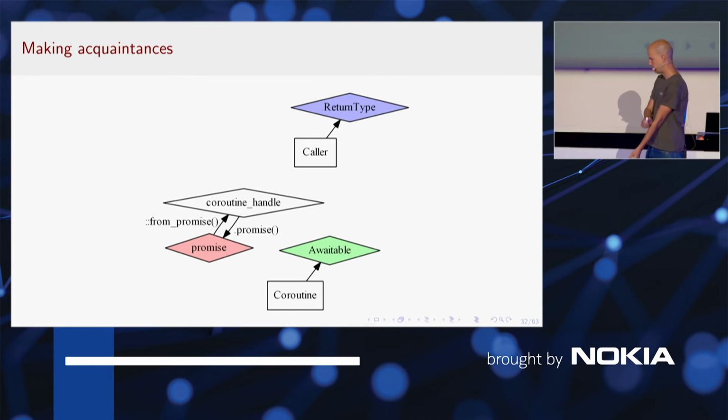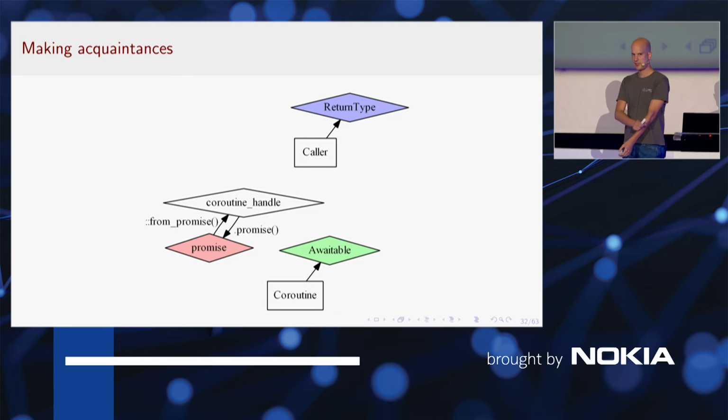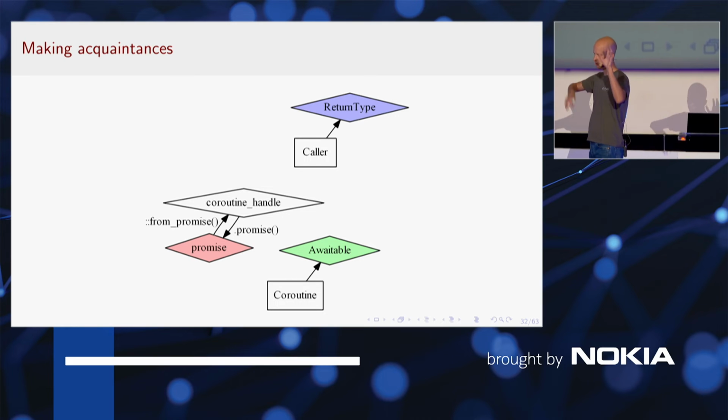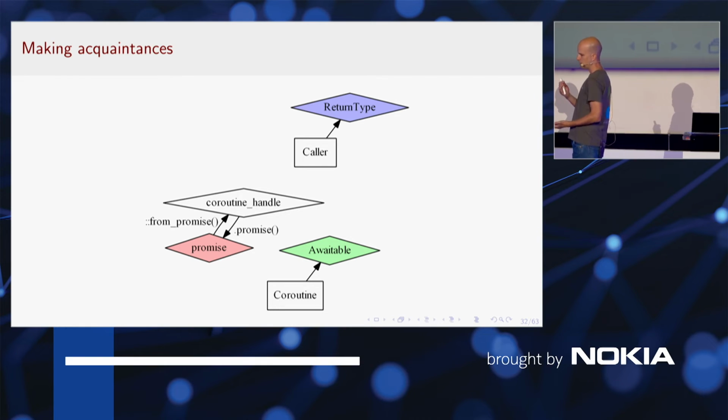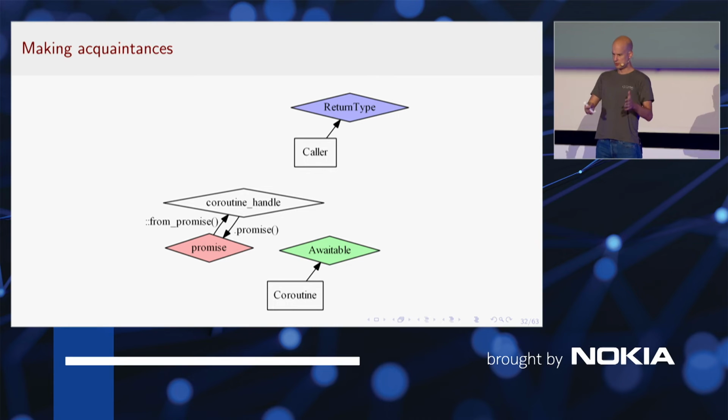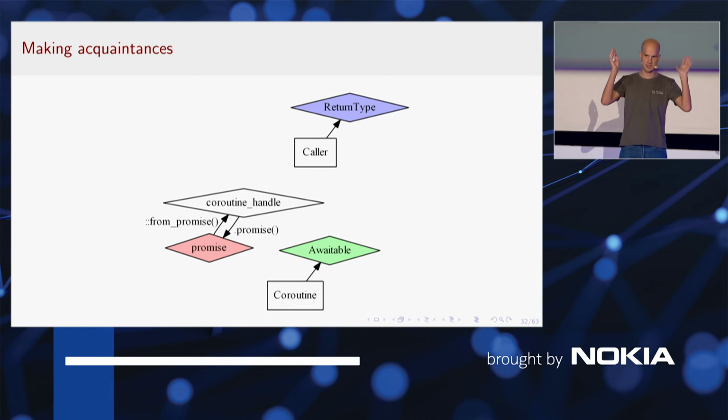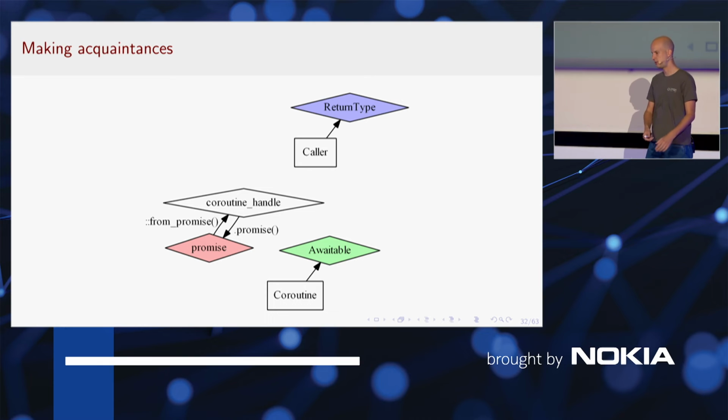Well, the problem that you're probably facing right now is you have all of these different parts floating around, but you don't really understand how they connect. And that's the typical problem with coroutines. So let's try to bring some structure into this. So we know the caller always has access to the return object, right? Because that's the only thing that falls out of the coroutine call.